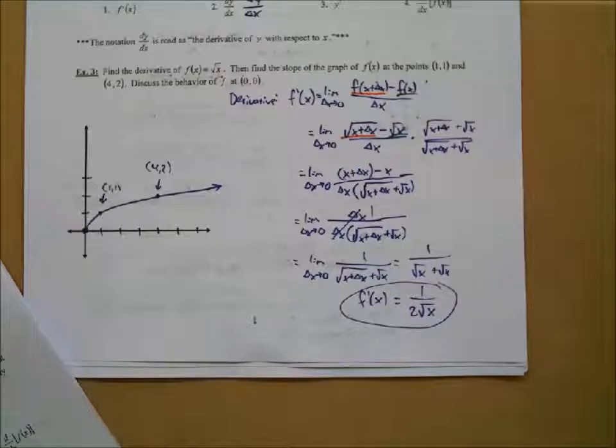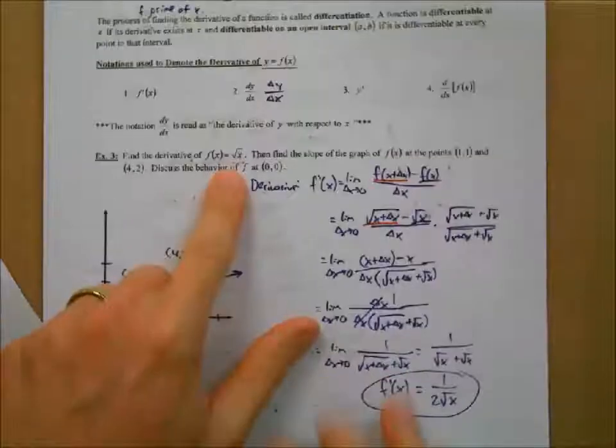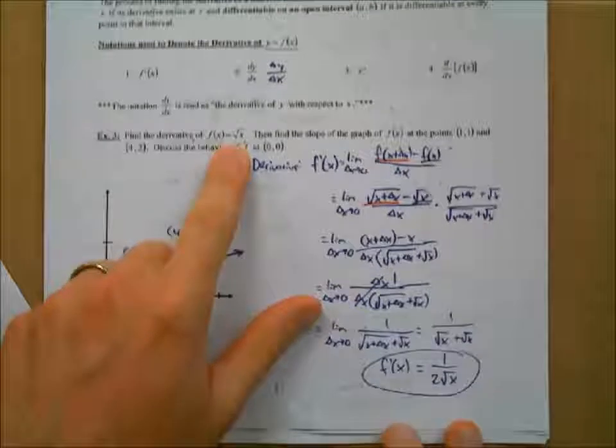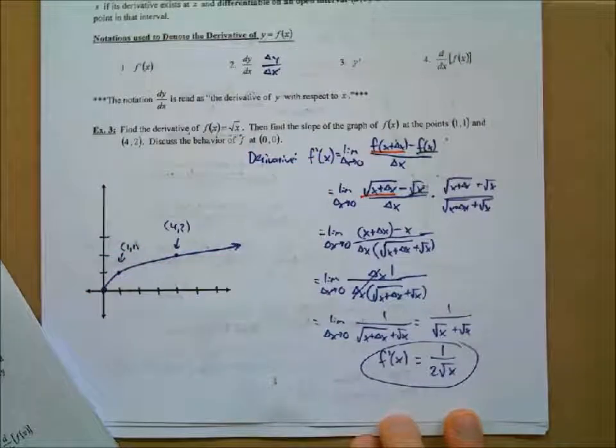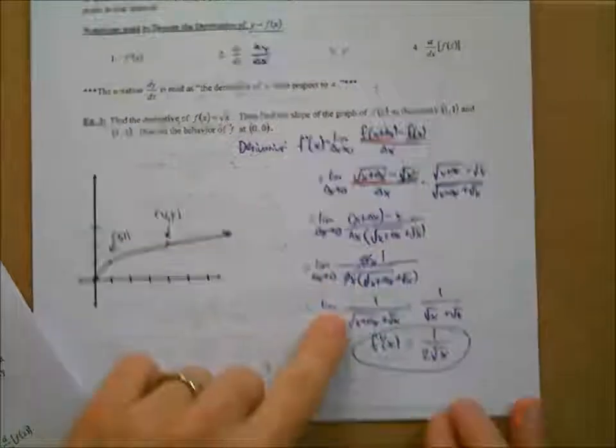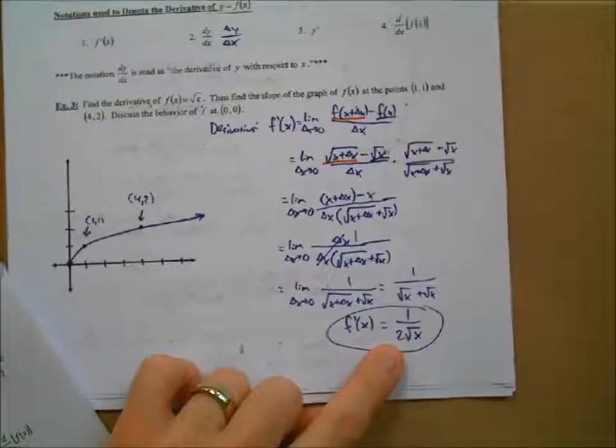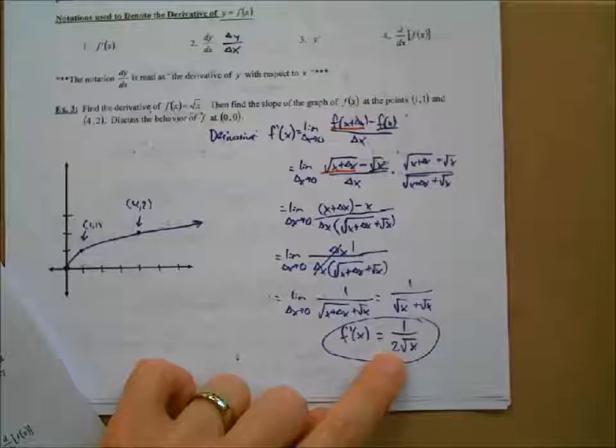Okay. Now we have a bit of a different kind of answer here. This solution is not a single value. This is a function itself, right? So we started with f of x equals root x. We took the derivative of it without doing it at a specific point. We're just doing a generic point x. And as we found the derivative, we then found this other function that is the derivative of the original one.